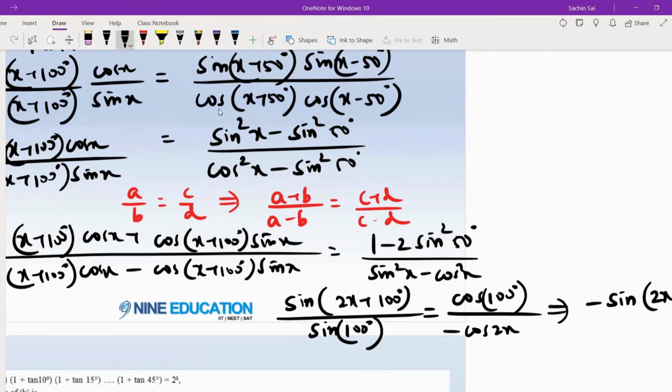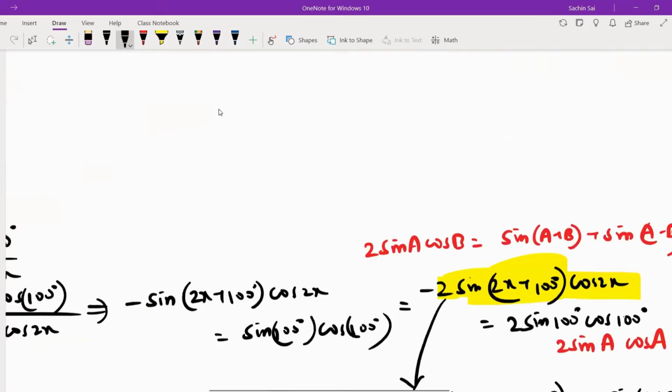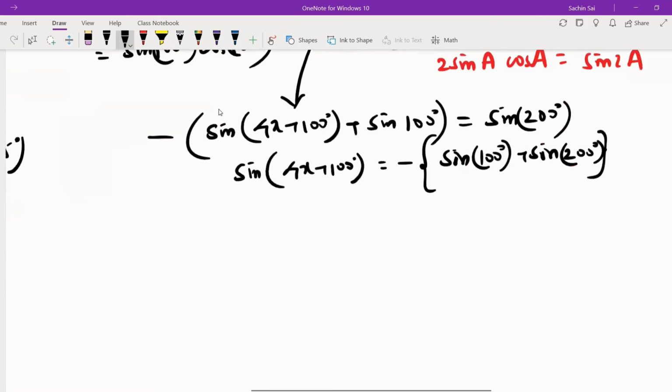All right, so I've been able to simplify up to this part here. Can we do something further with this? Rearrange the terms and bring sine 200 here.